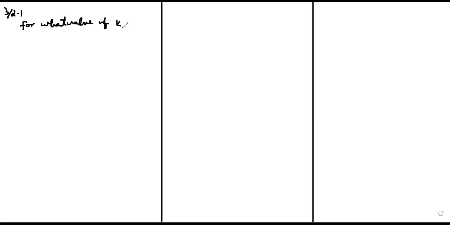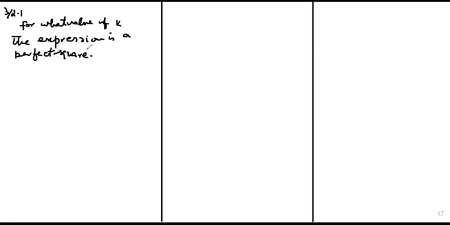roots of the expression is a perfect square. Right.